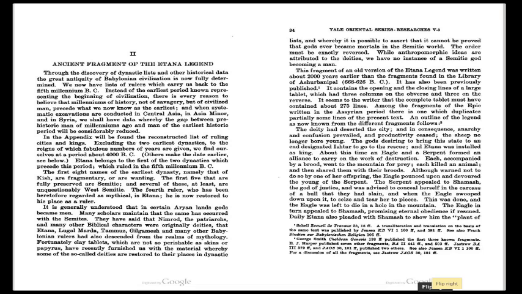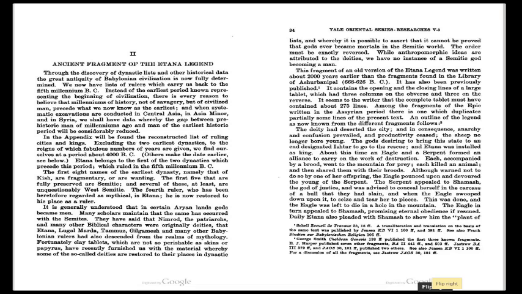It is generally understood that in certain Aryan lands gods became men. Many scholars maintain that the same has occurred with the Semites. They have said that Nimrod, the patriarchs, and many other biblical characters were originally deities, that Etana, Lugalbanda, Tammuz, Gilgamesh, and many other Babylonian rulers had also descended from the realms of mythology.